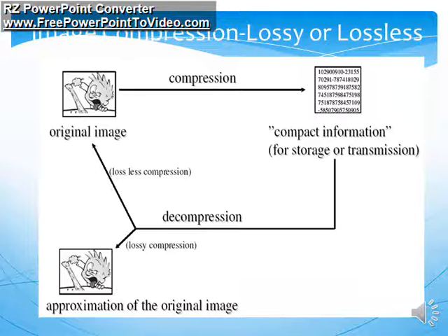So lossy compression will not give you the exact original image, but an approximation of it. Whereas if we use the lossless compression technique to develop the compact information, then after decompression the original image can be easily retrieved.